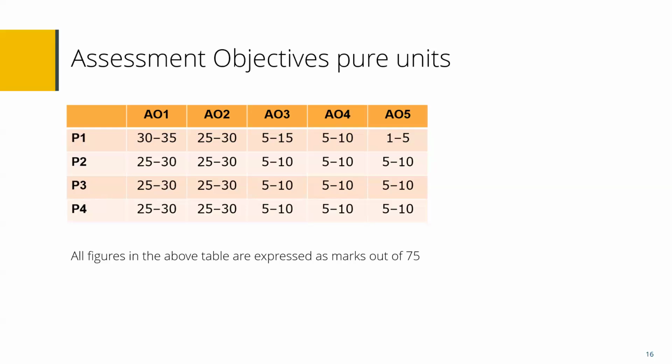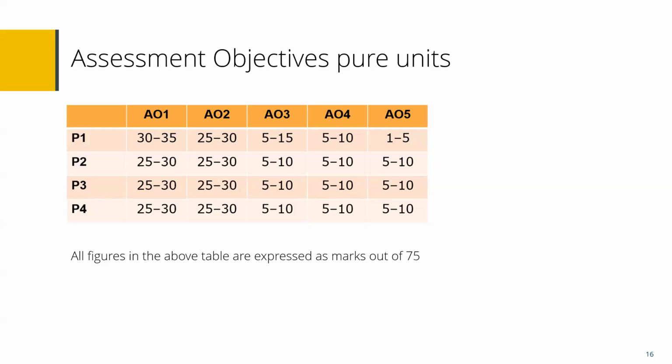Assessment objective 2 seems to be consistent across all of them. Assessment objective 3 is slightly more in, again, the first paper. Assessment objective 4 is consistent, but there are slightly fewer assessment objective 5s in the first one. I'll give you another minute to have a look at those and reflect on whether you agree, thinking back to different papers you've seen.